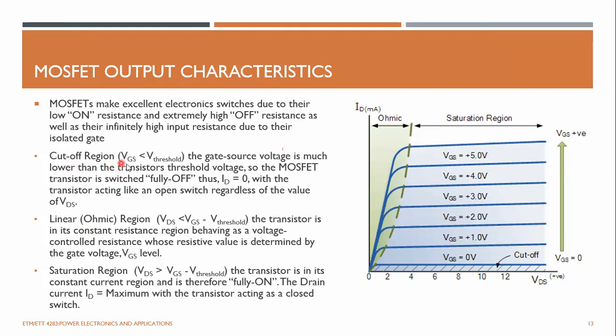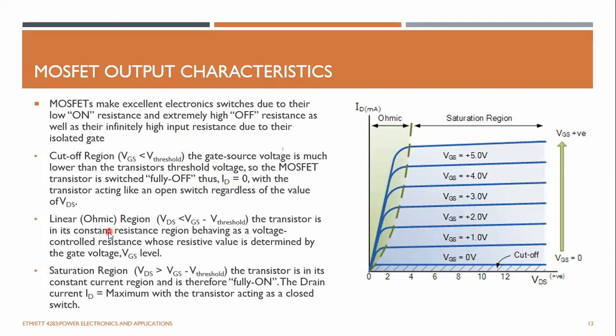In the cutoff region, VGS is less than the threshold voltage of the MOSFET, which means the transistor is at cutoff. That means there is no current flowing from drain to source, so ID is 0.